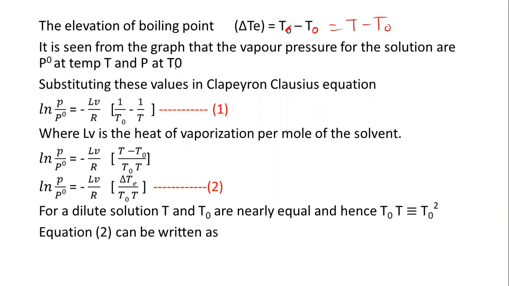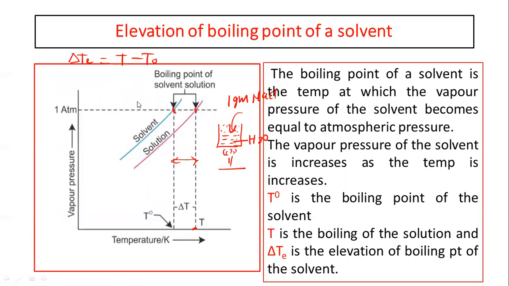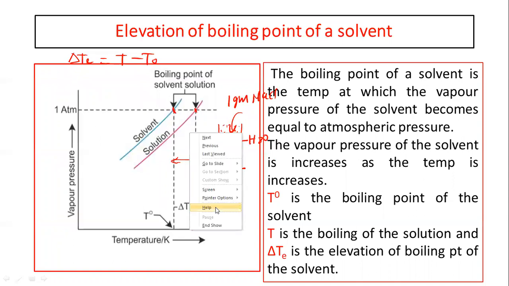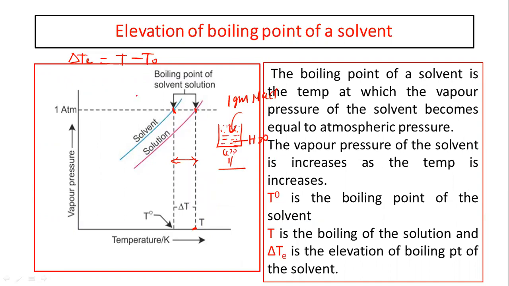Now from the graph, let us select two points on the solution curve. At one point, suppose the vapor pressure is P, and at the other point the vapor pressure is P0.